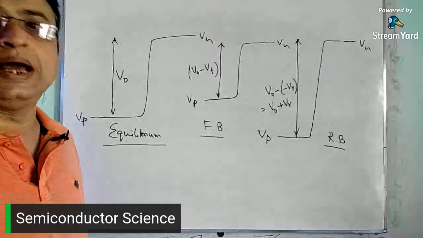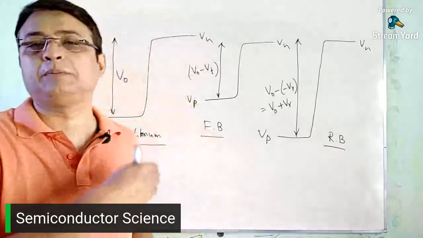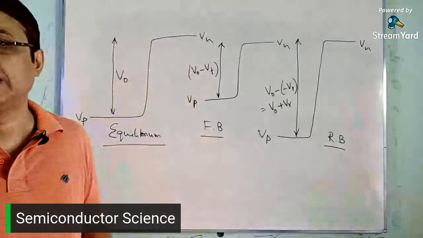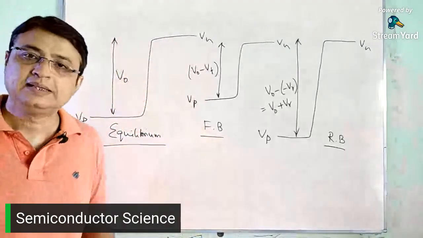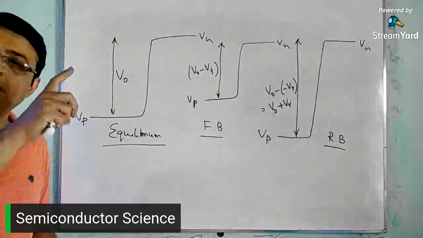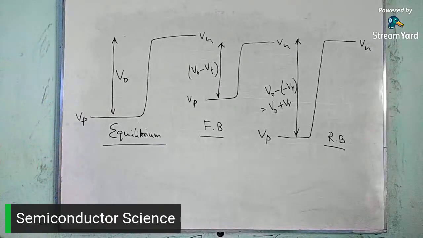Whenever we apply a forward bias, that is, we make the p-type side of the p-n junction positive with respect to the n-type side, it raises the electrostatic potential on the p-type side relative to the n-type side, and that results in a decrease in the height of the contact potential or the electrostatic potential barrier.